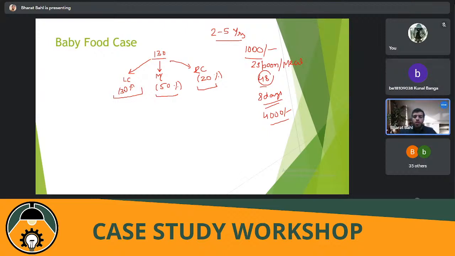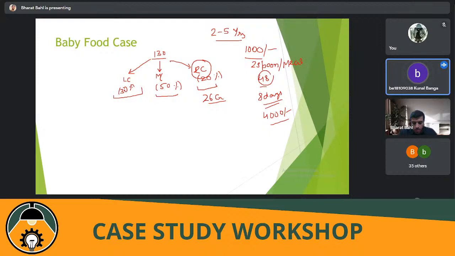Okay. So now what I can think of is that we can concentrate only on the rich class. As you told me, it happens to be a premium product. In the rich class, there are 20% of the people. So 1/5 of 130 crore will be 26 crore. So there will be 26 crore people in the rich class. Now, let us say the average life expectancy of people in India is around 70 years.